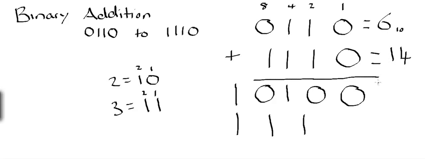So this should equal 20. We also need to extend this up to 16 for this one. So we've got a 16 and a 4 and nothing else, which does equal 20, and we therefore know that we've got it correct.